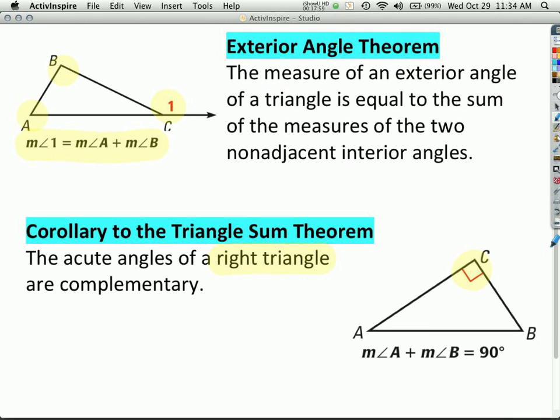If you have a right triangle, the acute angles, that angle and that angle, will add up to 90. In other words, they are complementary. Which makes perfect sense, because if all three angles add up to 180, and that one's 90, take away the 90, you're left with 90 degrees. These two must add up to 90 degrees. And that's what it says right there, and that's what the corollary to the triangle sum theorem says. Any questions about that?